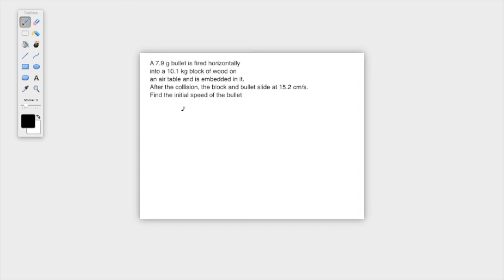So first of all, I'm going to convert into SI units. So 7.9 grams is going to be converted to kilograms. So there's 1 kilogram in 1,000 grams. So then that would give you 0.0079 kilograms.